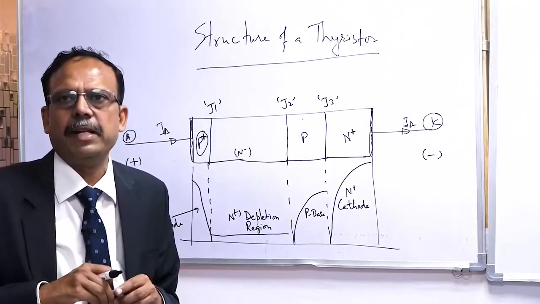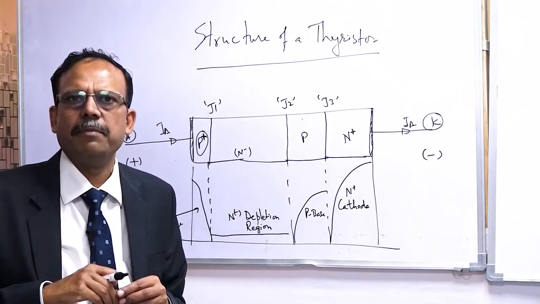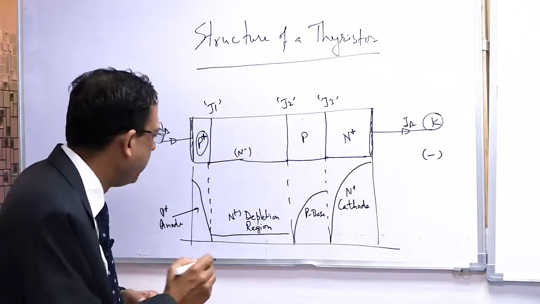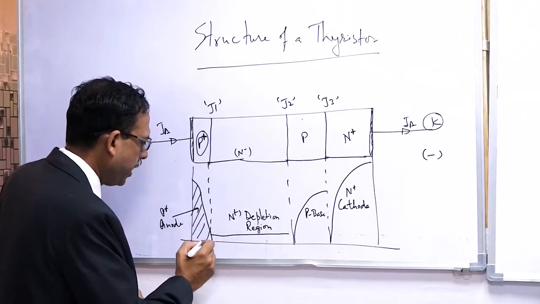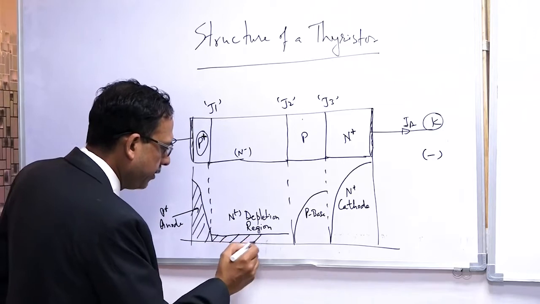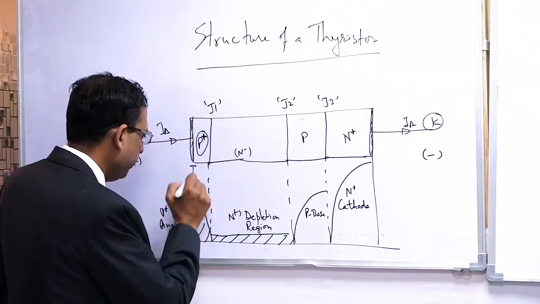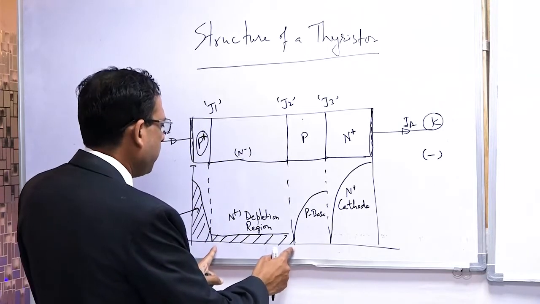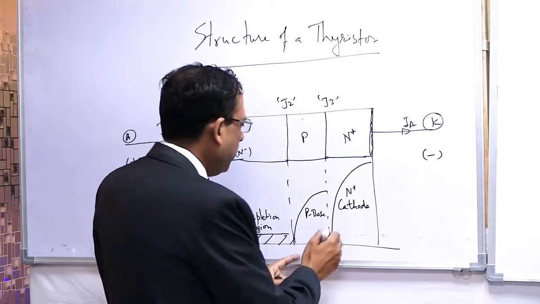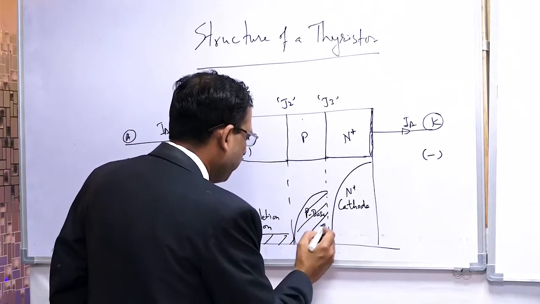What is meant by N minus? N minus means highly deficient. You see that P plus is highly doped and N minus is highly deficient. On the scale of this, doping is so high in this, and in this N minus it is so low. And the P is mediocre, in between, 50%.